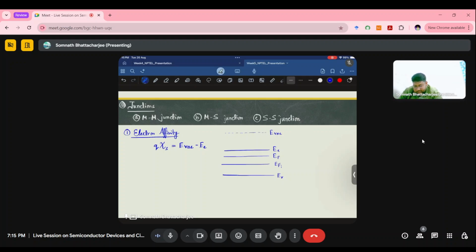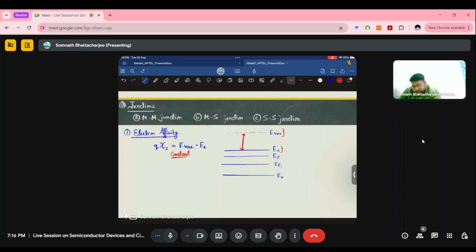This separation is termed the electron affinity. This is a constant, so the energy of the conduction band doesn't change, and the vacuum level doesn't change either. So this value is a constant term.